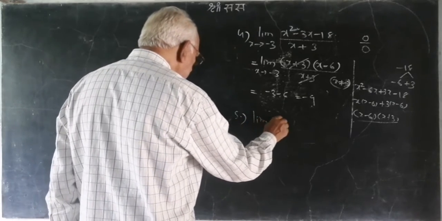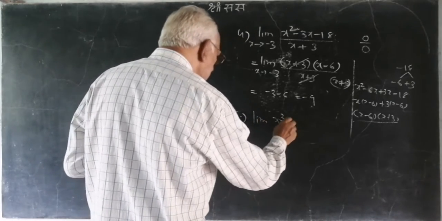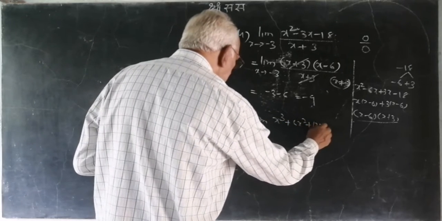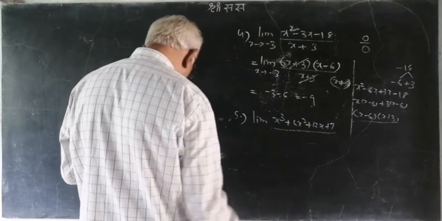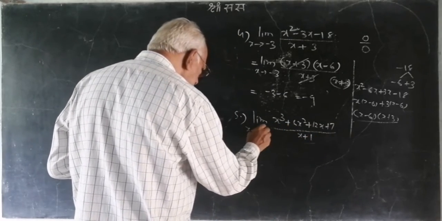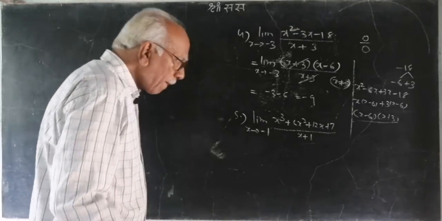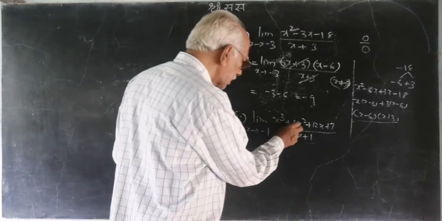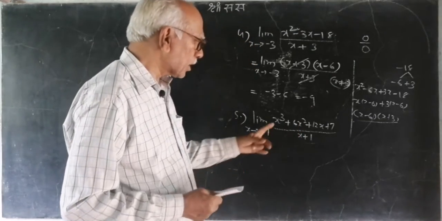Limit of x cube plus 6x square plus 12x plus 7 divided by x plus 1 as x tends to minus 1. Let us substitute x equal to minus 1 in the numerator.